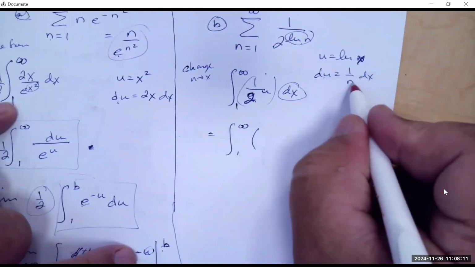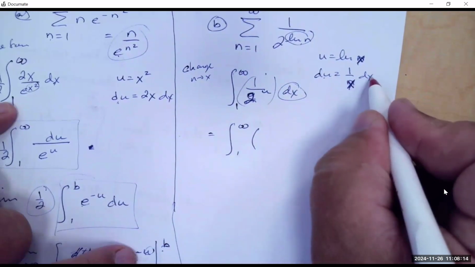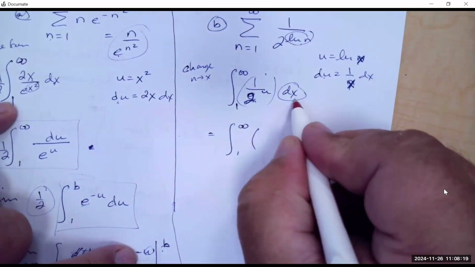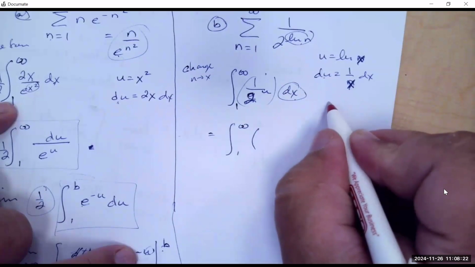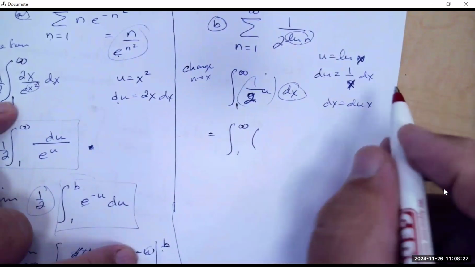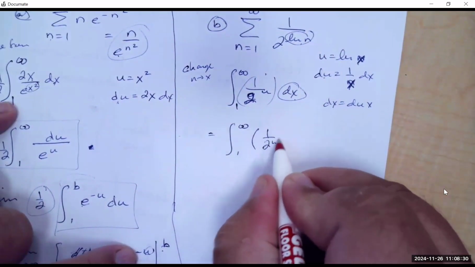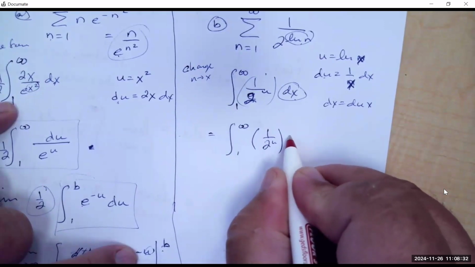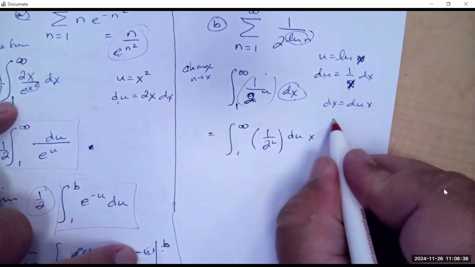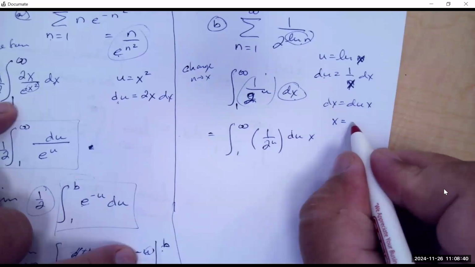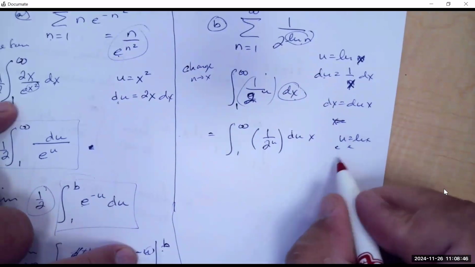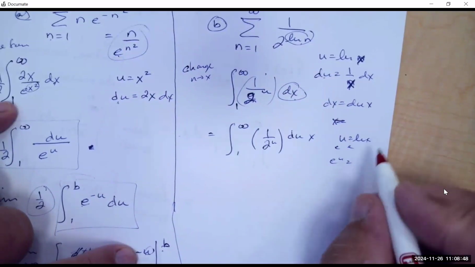So du is going to be 1 over x dx. So dx is equal to du times x. And x is equal to, so we have u equals ln x. Take e to both sides, so we have e to the power u equals x.